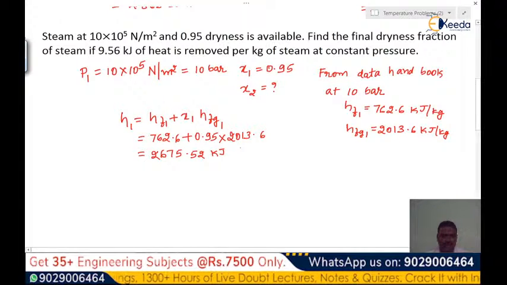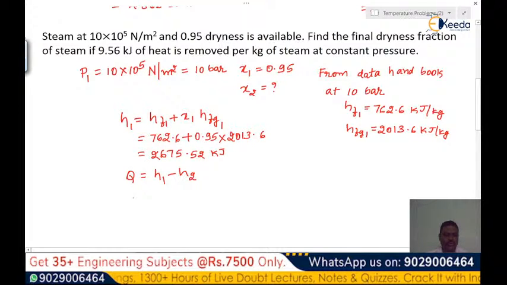So if that 9.56 kilojoules of heat is removed, we have this formula Q is equal to H1 minus H2, right? So from this H1, if that Q, that is 9.56 kilojoules of heat, is removed, what will be H2?